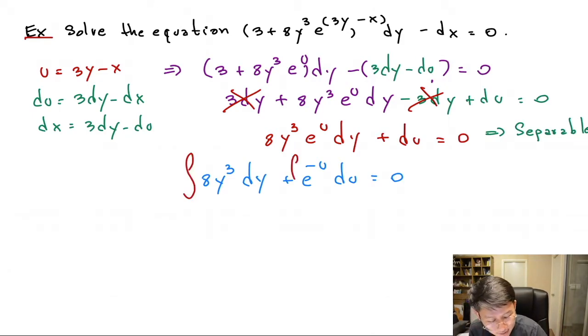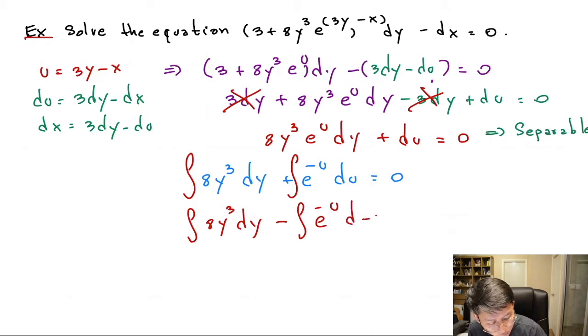So I integrate. So I get 8y to the power of 4 divided by 4 plus the integral of e to the minus u d minus u equals 0.